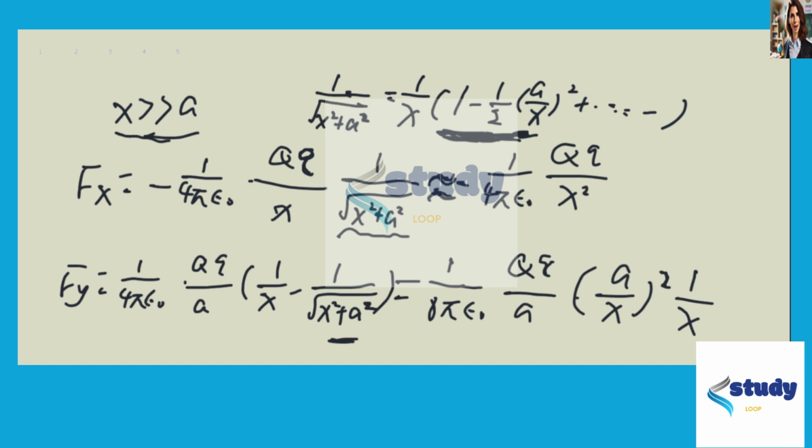Yeah, this is right. Simplifying, we get 1 over 8 pi epsilon naught times Qq a divided by x cubed. Okay.